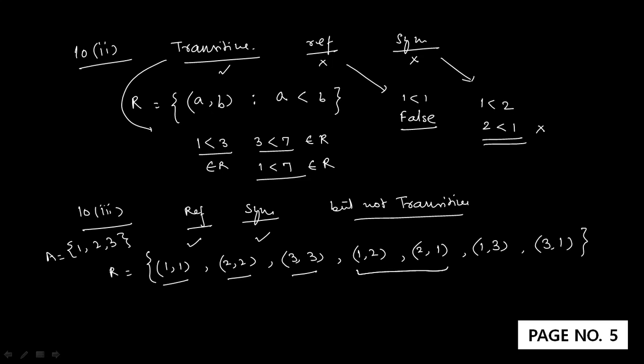(1,2) and (2,1) is there. (1,3) and (3,1) is there. Now what about transitive relation? If I am writing (1,2) and (2,1), (1,1) is also there.